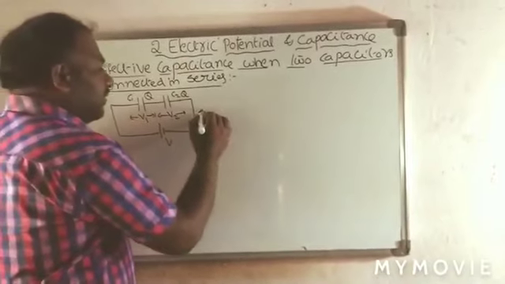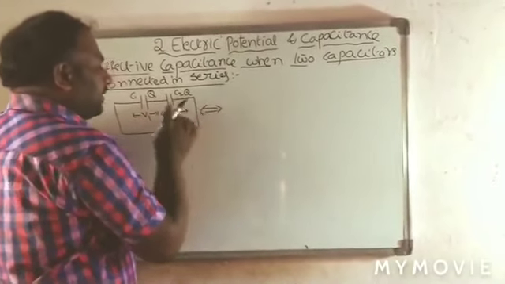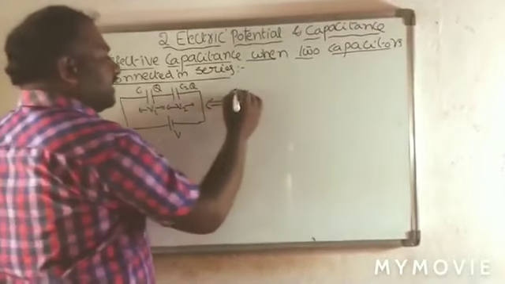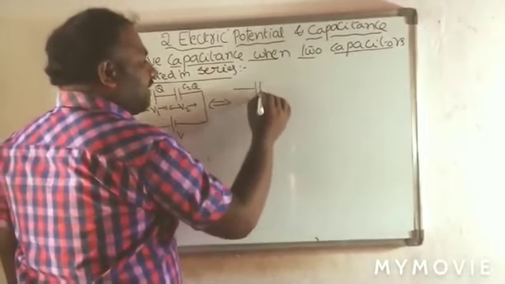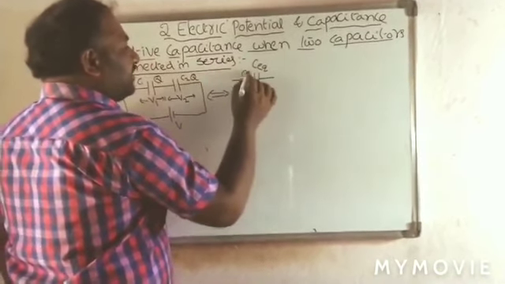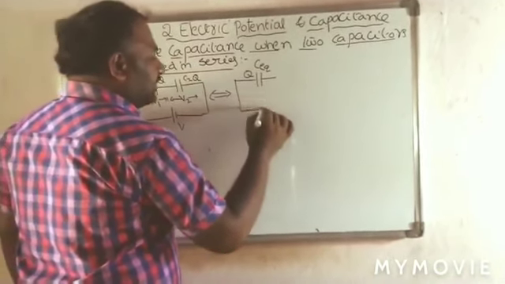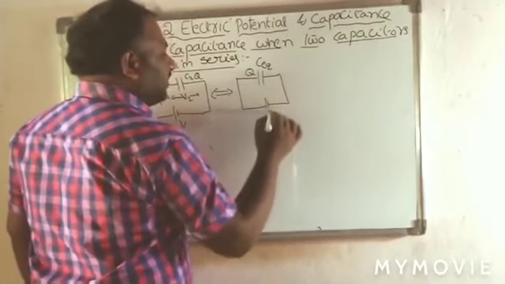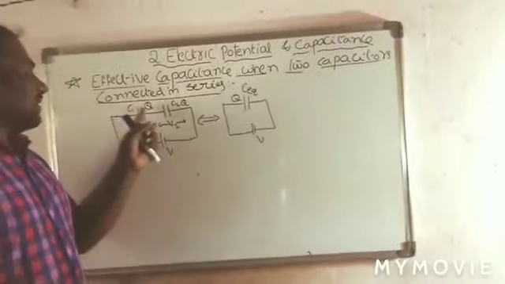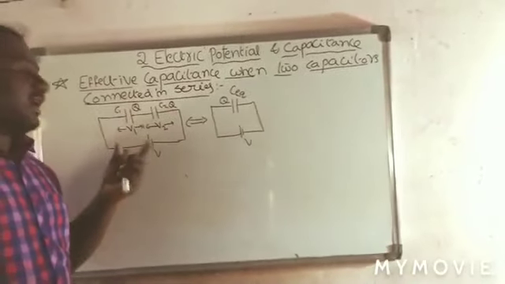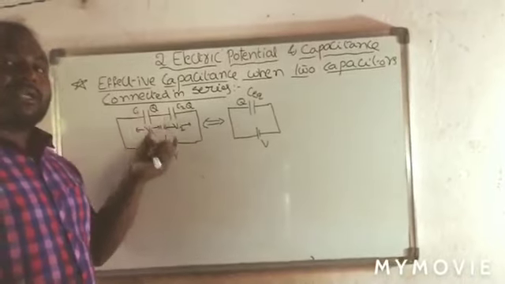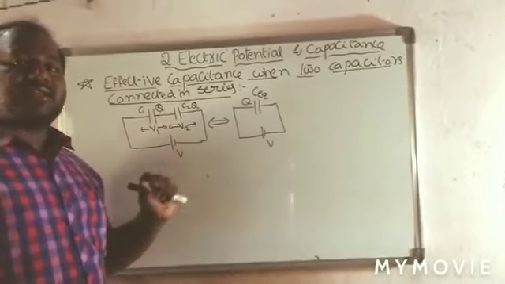Now we change this circuit into an equivalent circuit having only one capacitance, C equivalent, with charge Q and applied voltage V. Here remember, in the series connection of capacitors charge is the same but potential is different. In parallel connection potential is the same whereas charge is different.